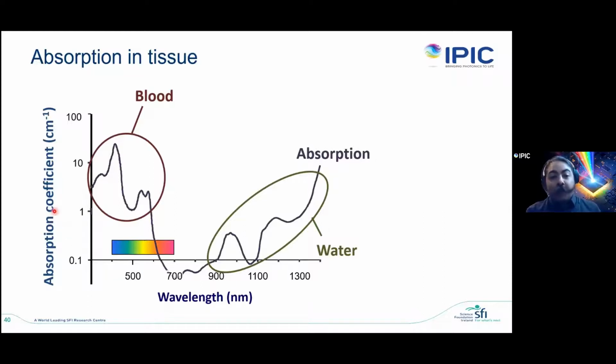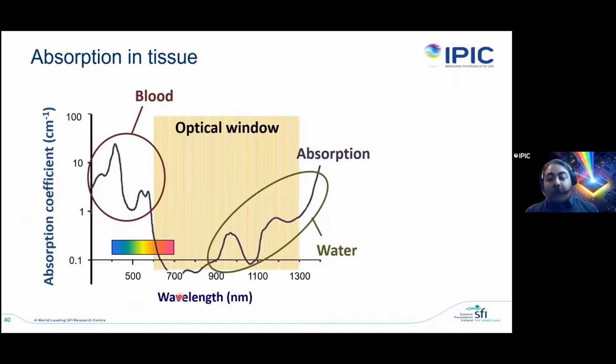So if we have 1 cm^-1 of this coefficient, you would have 1 absorption event after a centimeter. And this attenuates the light, obviously. The wavelength range where you have less attenuation is called the optical window. This is where we are most transparent.